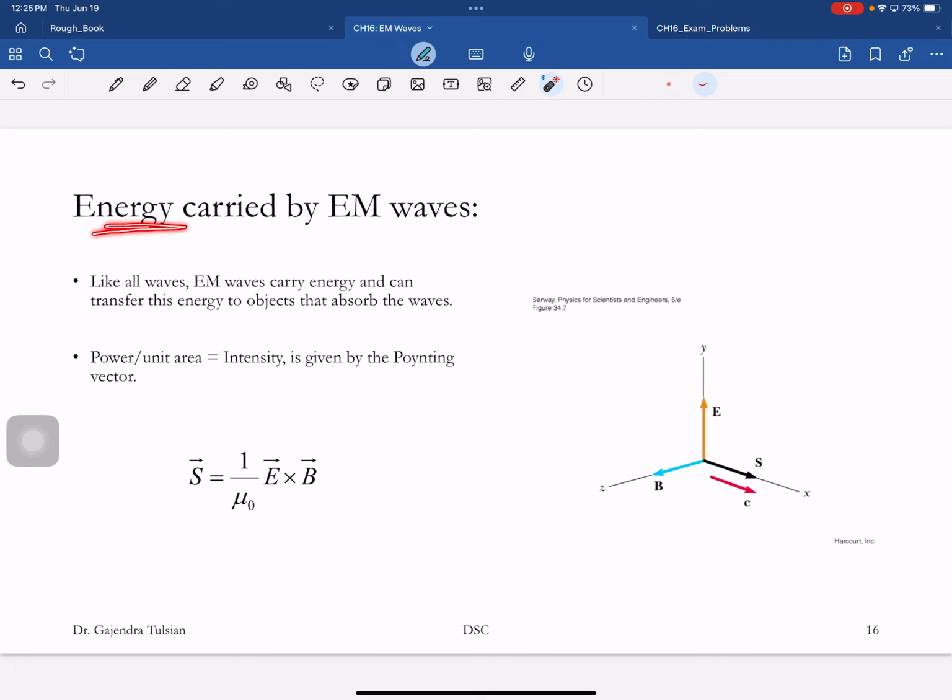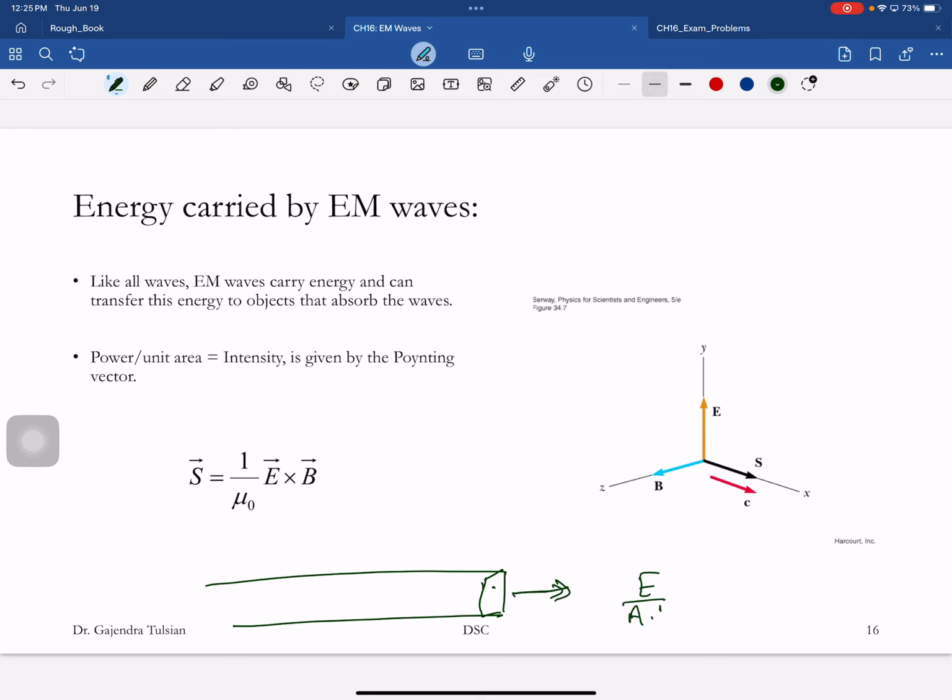All waves carry energy, so electromagnetic waves also carry energy. All right, so let's say you shine a beam of light like this, and you ask how much energy is passing per unit area per unit time. Okay, energy per unit area per time.